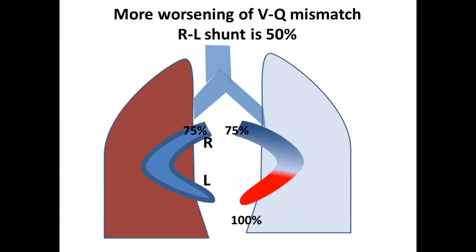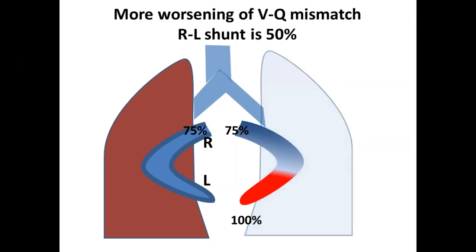So in right-left shunt, assume we have an infant with a totally collapsed right lung to make it easy and simple, and the left lung is well perfused and well ventilated. So the left lung is getting normal ventilation, and there is no ventilation on the right lung.